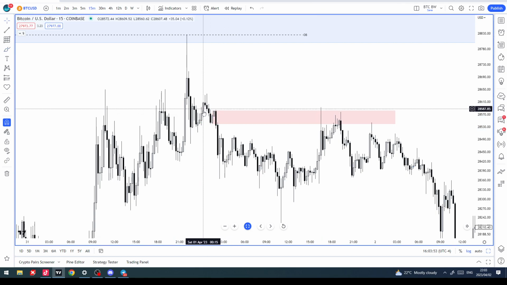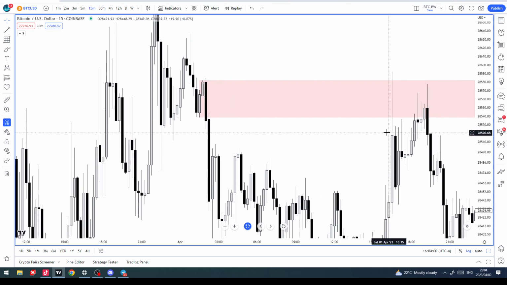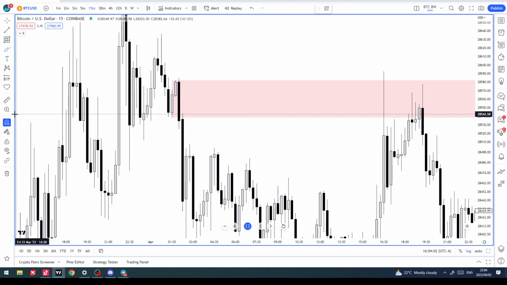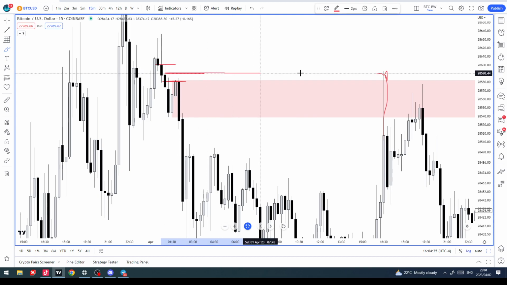I'm worried about anything here that's unmitigated. Here up candles, here down candles, here up candles. Between here and here, no up candles. So ideally we would want them to print an up candle inside this range here. You see that?